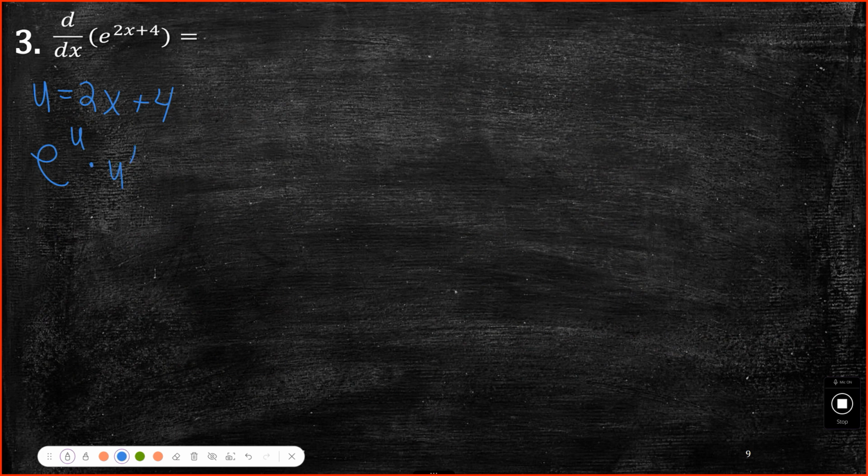So we have to put the derivative of this right here in the back, or I guess you could put it in the front. So the derivative of an exponential is e to the whatever it is, 2x plus 4. But you've got to take the derivative of that thing. So what's the derivative of this? 2. That's it. We're done.